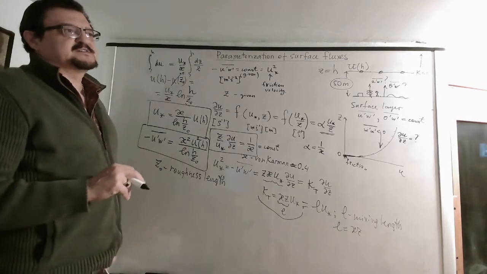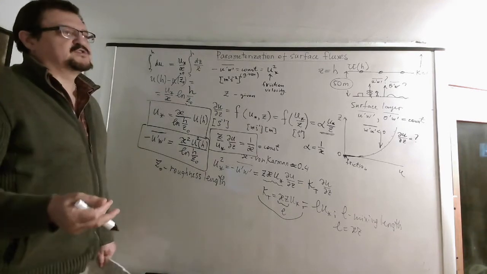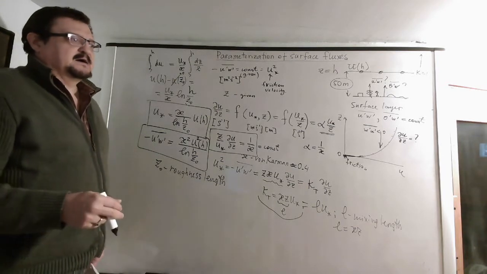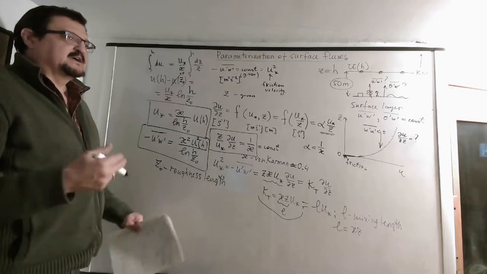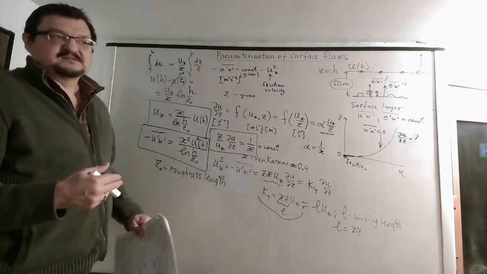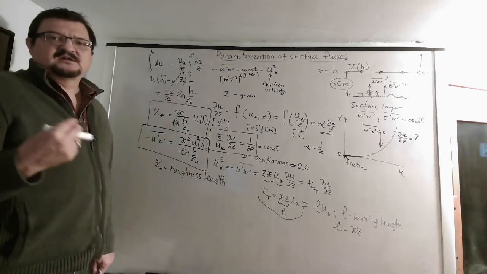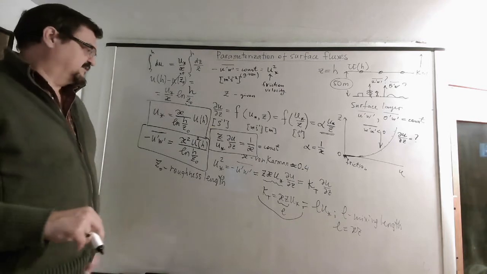For various surface types, say a forest of certain height, pasture, a farm field, bare soil, or a suburban area, you need to experimentally find typical values for z naught.